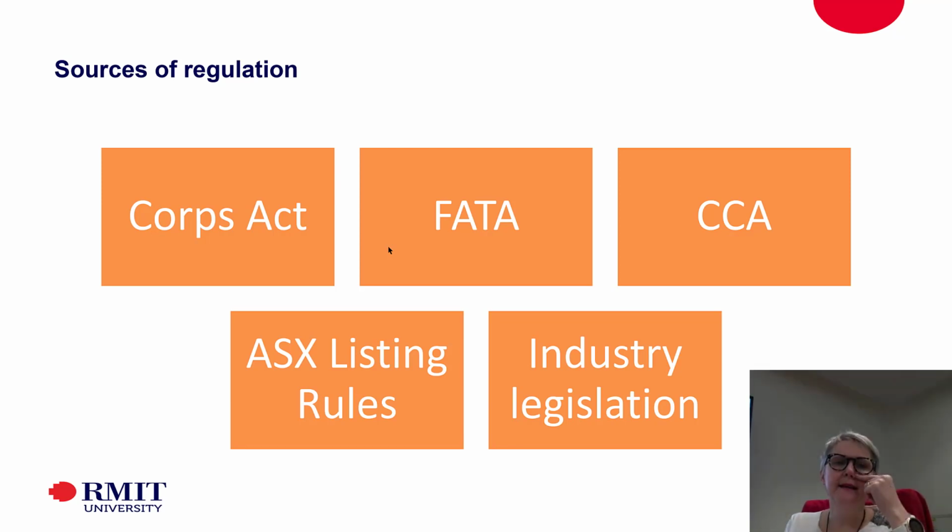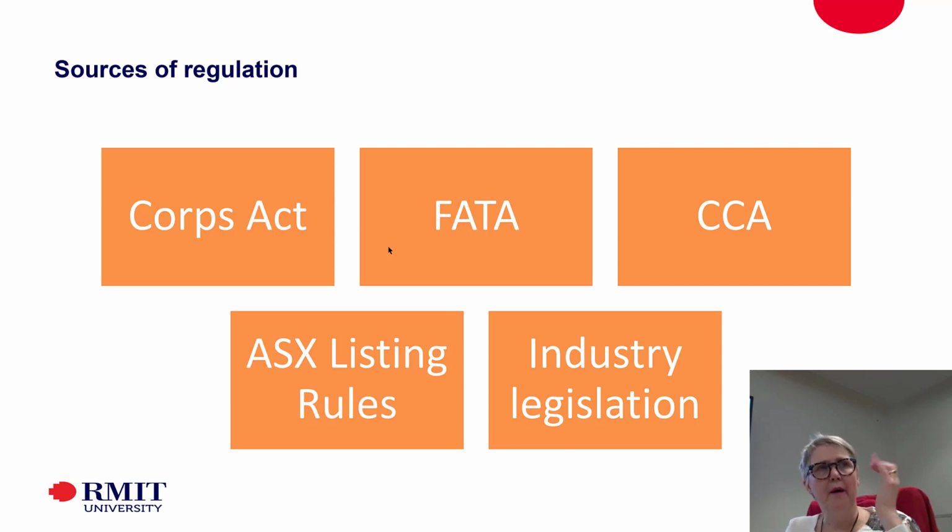I've added in the ASX listing rules there as a source of regulation. The listing rules aren't really regulations though. The listing rules are effectively a contractual arrangement between the ASX as the provider of a platform on which shares can be traded and members of what is called the official list.